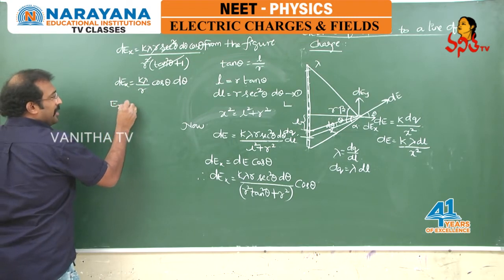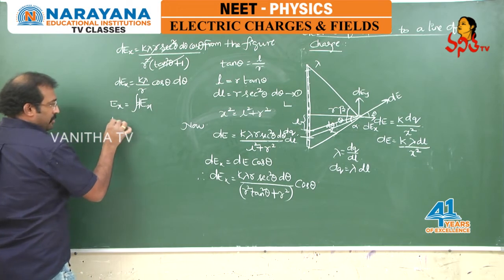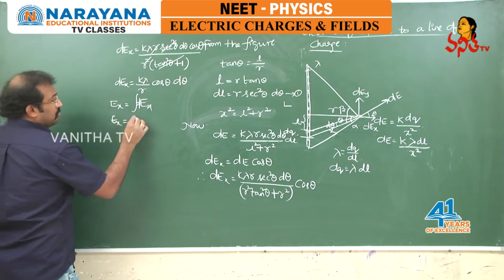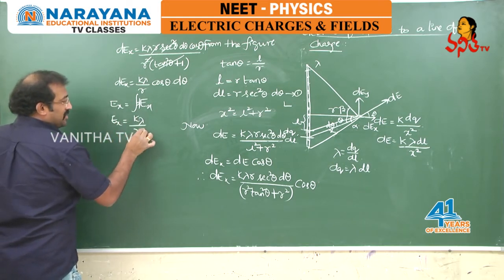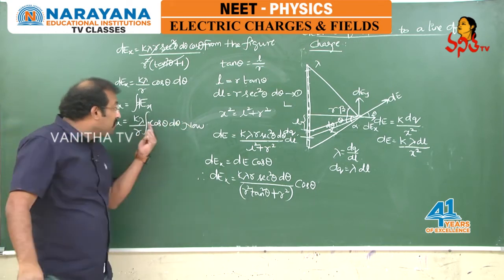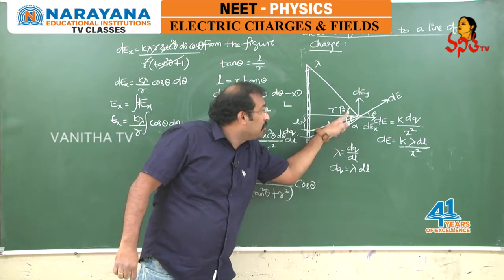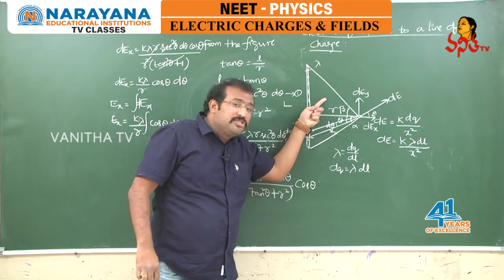The electric field along x, we will get by integrating dEx. Therefore Ex is equal to k lambda by r, which is constant, times the integral of cos theta d theta. Now how does this theta vary? This theta is varying from minus alpha to plus beta, since the quadrant is being changed.